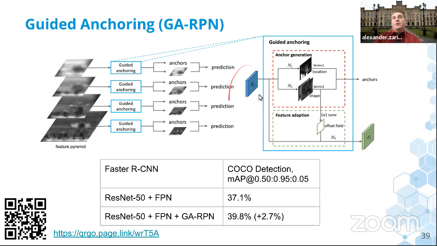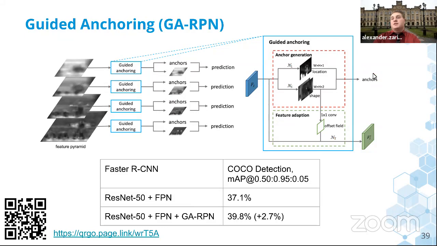First of all, we use our predicted feature maps to predict where the centers of our objects lie and to directly regress the approximate width and height of our object. And then using this information, we may dynamically generate anchors for each position in our feature maps.